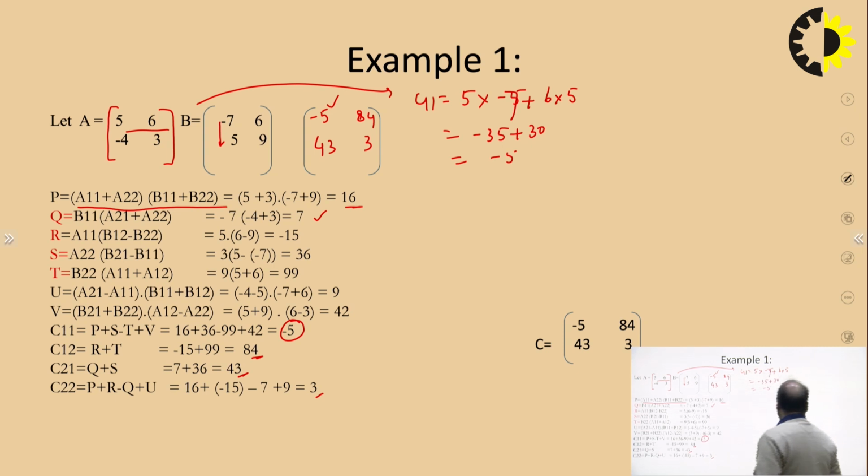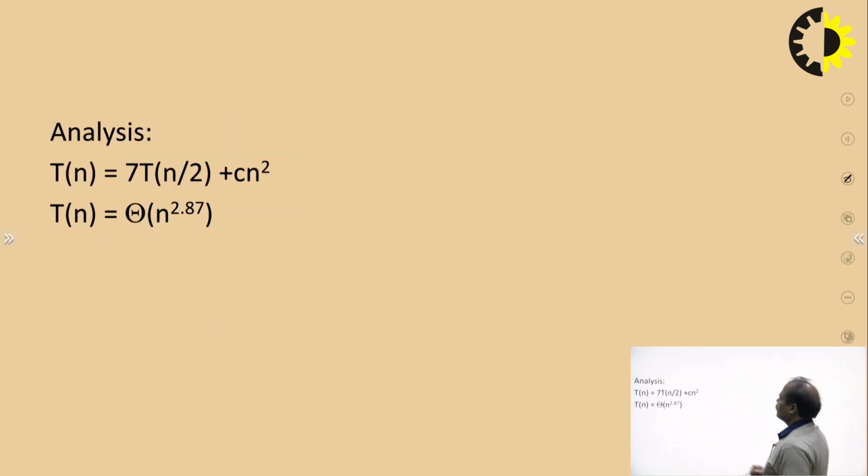So look at what we have gained so far. The number of multiplications is 1, 2, 3, 4, 5, 6 and 7. So we have done 7 multiplications, and the number of additions is still going to be the same.